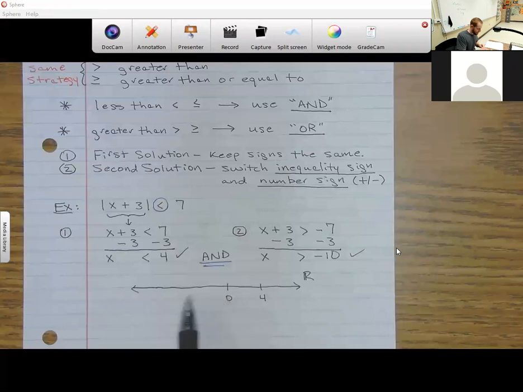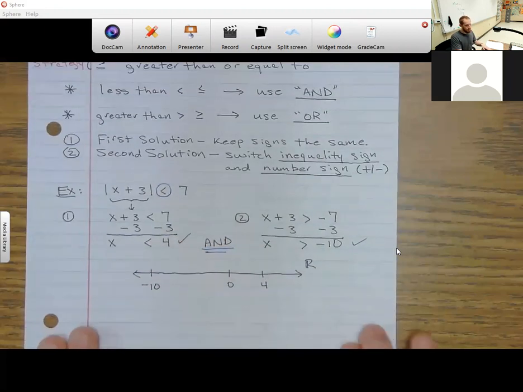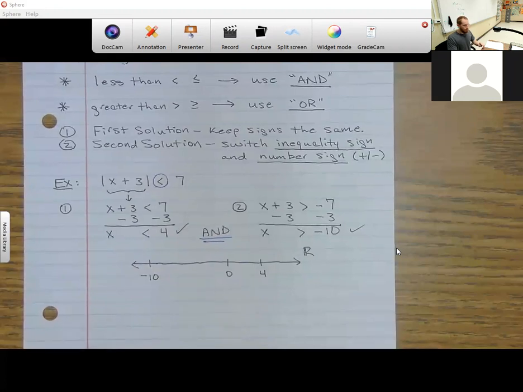So the negative 10 can probably go way down here. Negative 10. Okay, I got my number line. Okay, so now how do we graph this? Now, do you remember when you did graphing inequalities where if you have a less than or greater than, you have the open circles? Let me write that down.